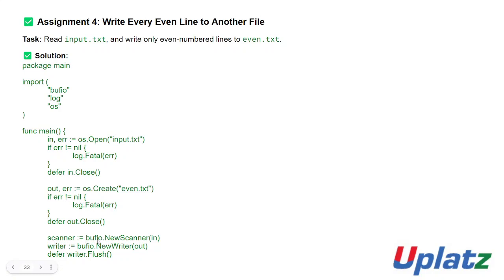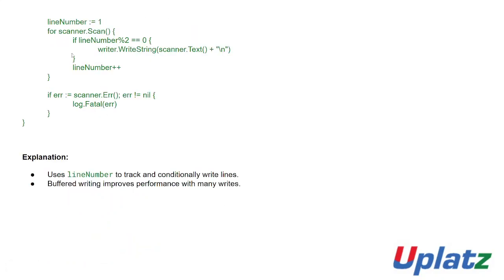Scanner := bufio.NewScanner(in). This is the buffered scanner. Writer := bufio.NewWriter(out). Now defer writer.Flush(), so before just going out of that function, it will flush. Line number 1. For scanner.Scan(), if line number % 2 == 0, then write string scanner.Text().